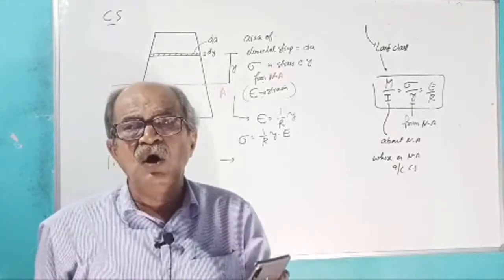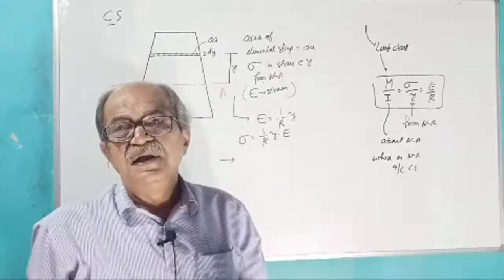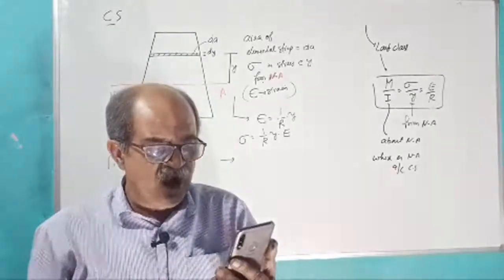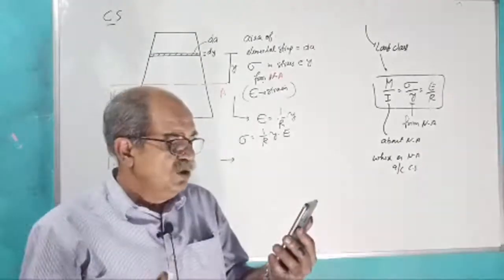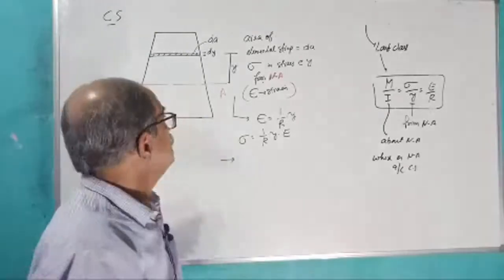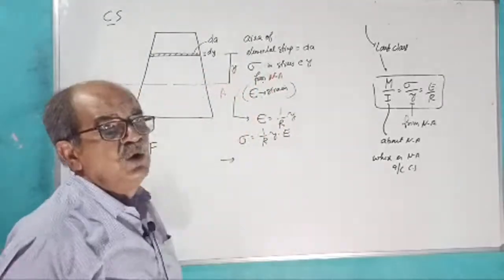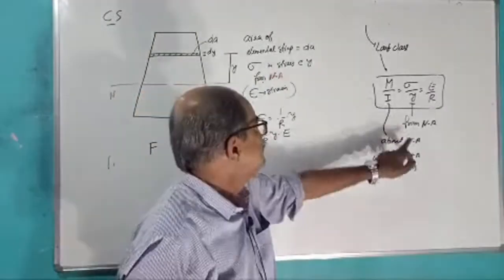Is it still proved or suspense? Yes, correct. It is not yet proved. That the neutral axis passes through the centroid is still not proved, because up to now we defined only what? The neutral axis. We got the equation. So when you define the bending equation, remember always you have to tell the neutral axis.